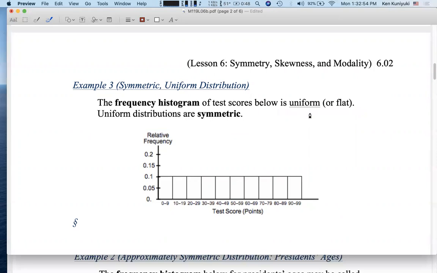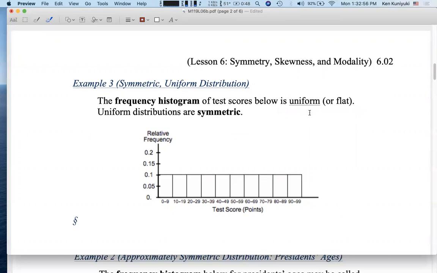Now, a question for you. Where else might you see a uniform distribution? Let's say you're playing a game of chance. Where else might you see a uniform distribution? If you do what a whole bunch of times? How about if we roll a die 100 times?